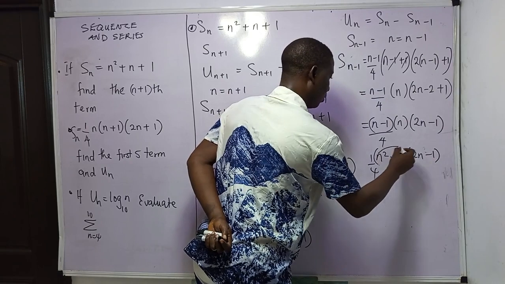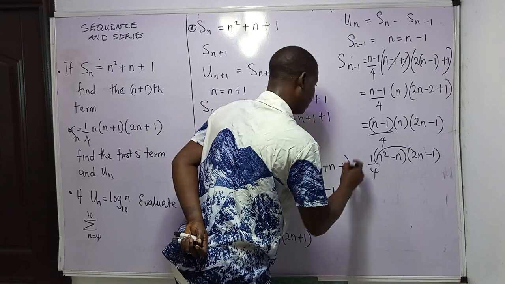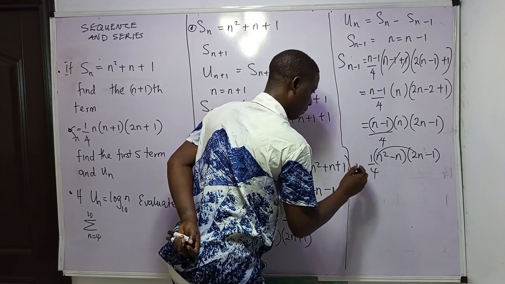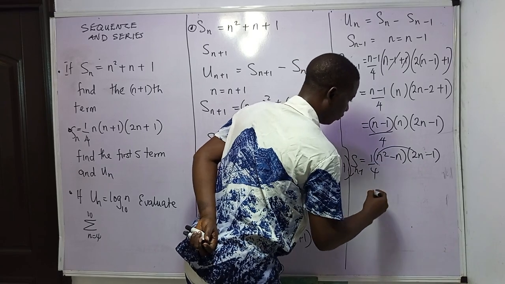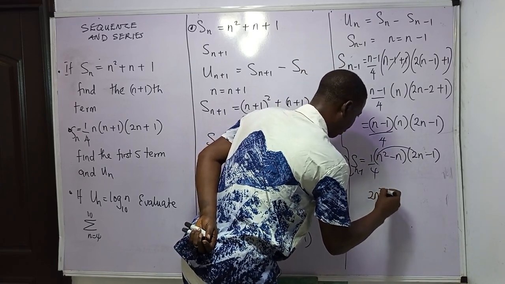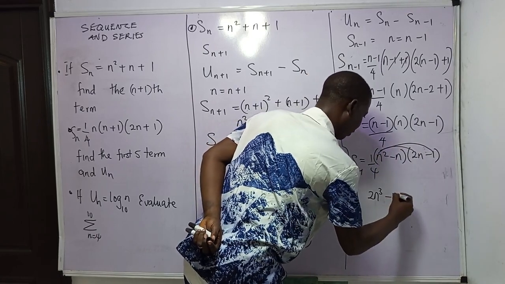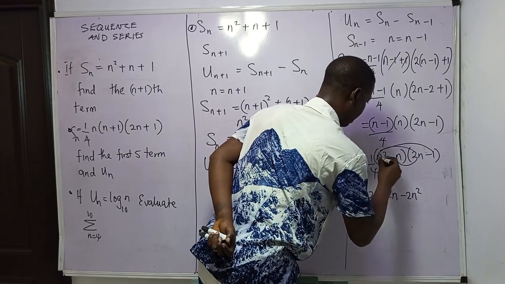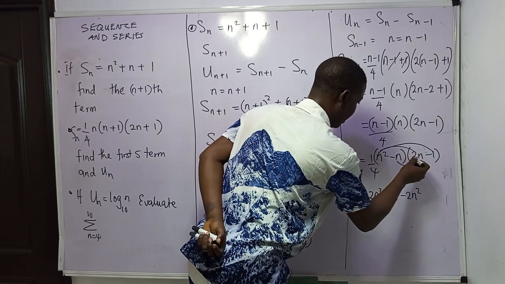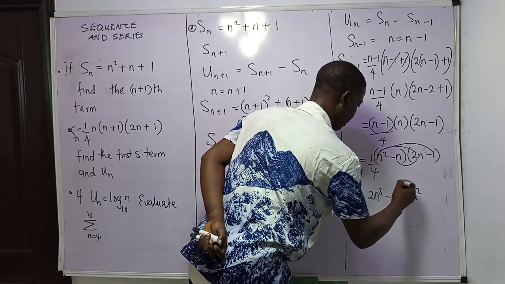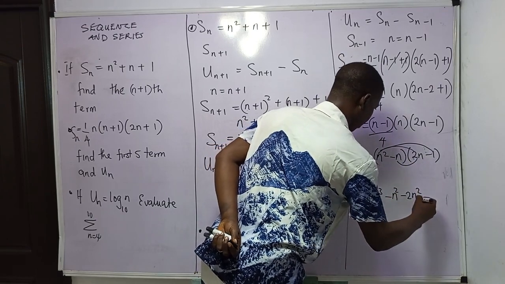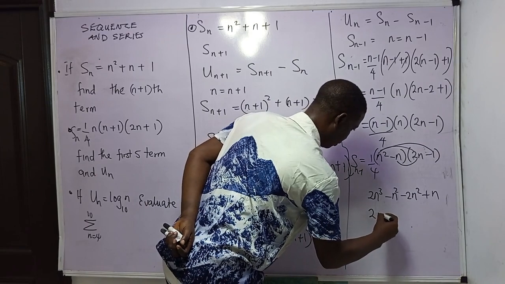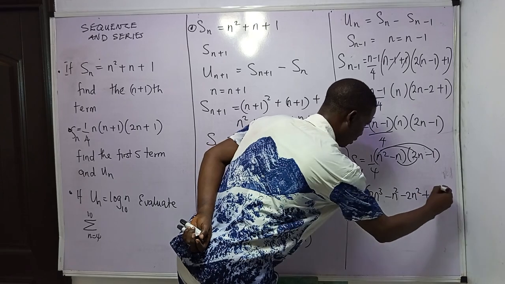So what do we have now? Multiplying this, S n minus 1 gives us 2n cubed minus n squared minus 2n squared plus n, all over 4.